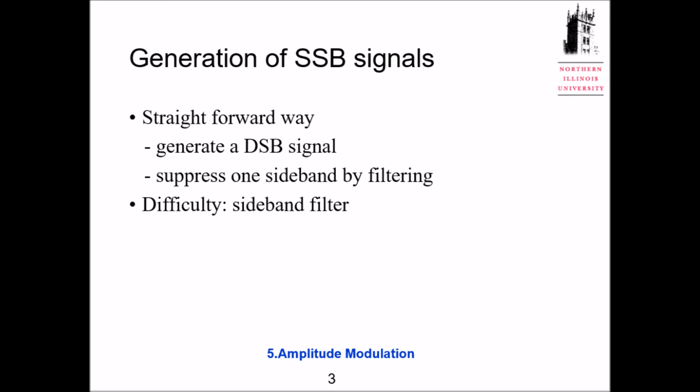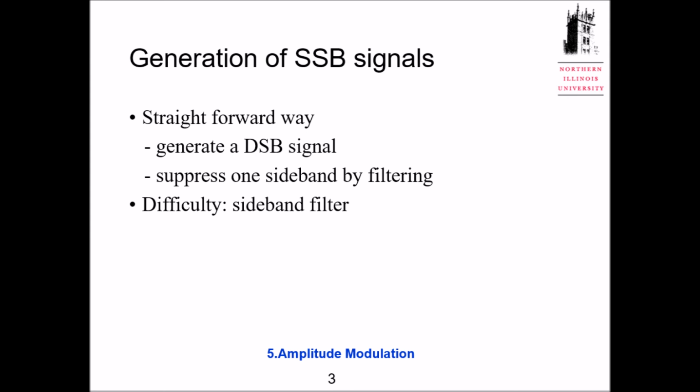We're going to talk about two methods to generate a single sideband signal. The straightforward way: generate double sideband and remove one sideband, so we get single sideband. The hard thing is this special filter.